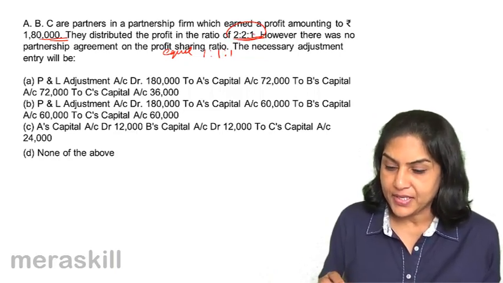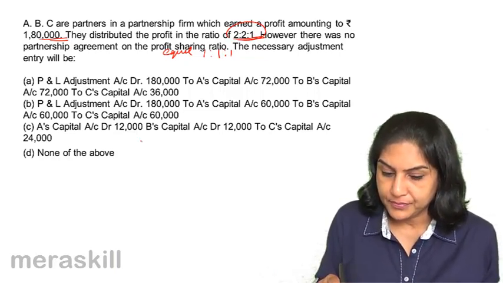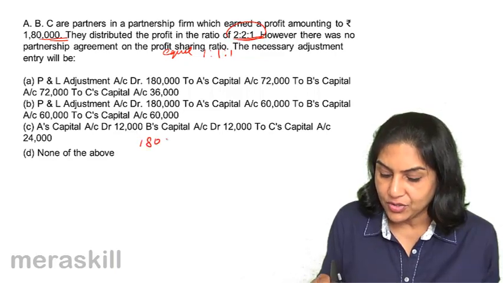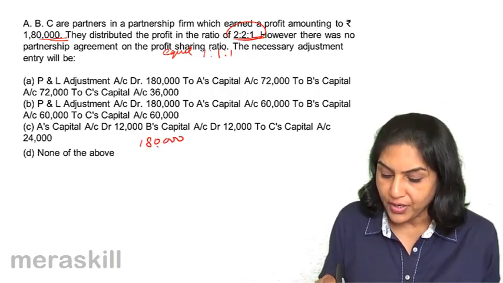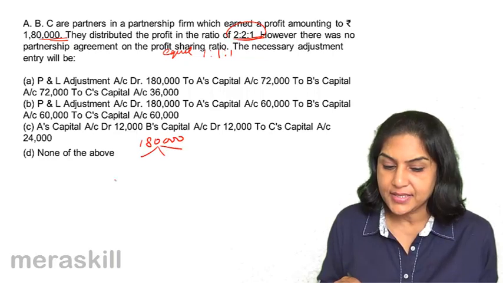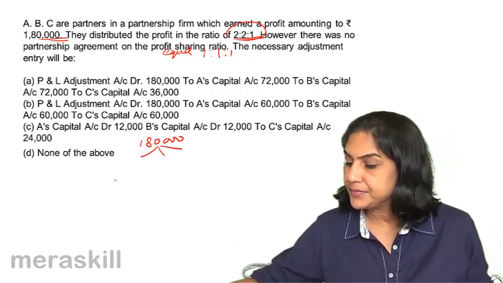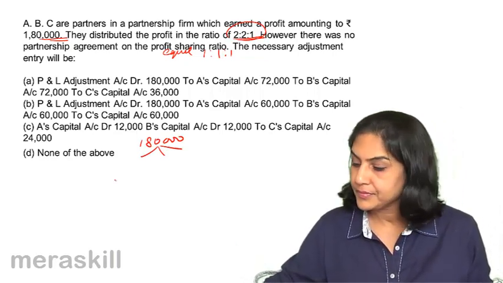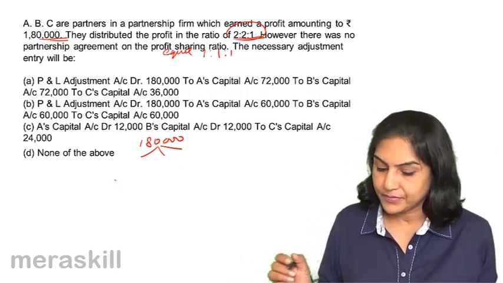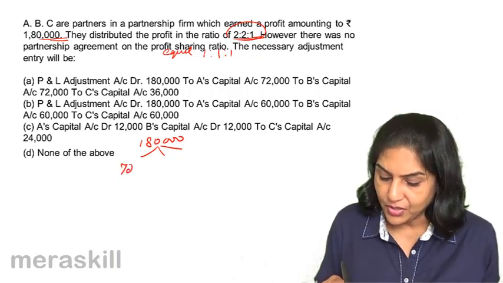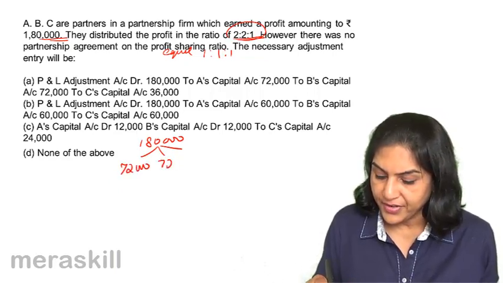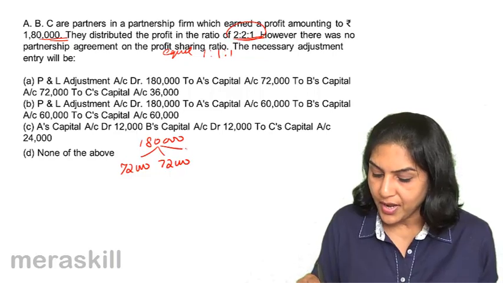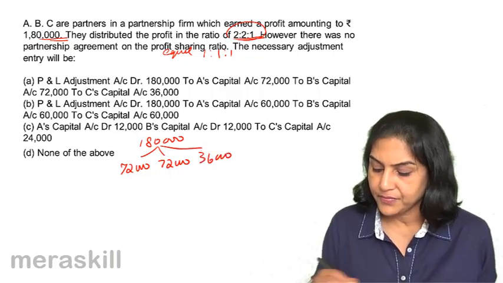What would have happened is 1,80,000 was wrongly distributed as 72,000, 72,000 and 36,000.